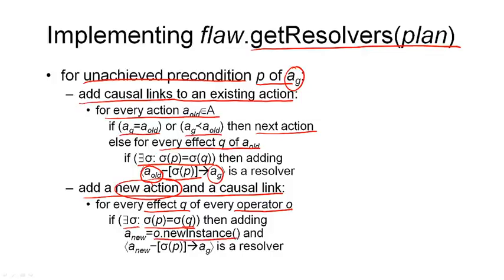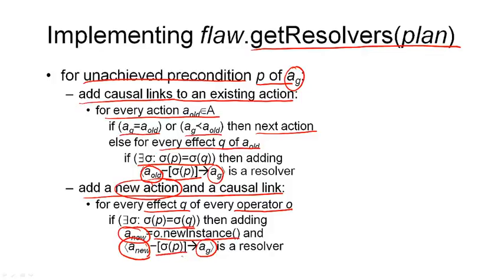If we find such an operator, then we use an instance of this operator as a new action in our plan. So this is the new action we need to add to the plan. And we also need to add a causal link to the plan. And this causal link consists of the link from a new, the provider of the action we've just introduced, to our consumer, AG.